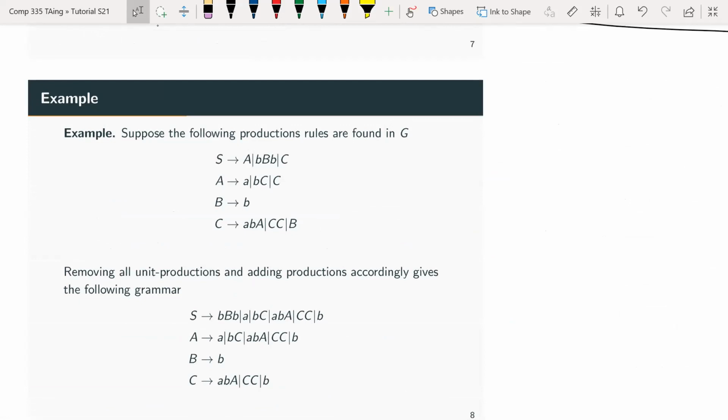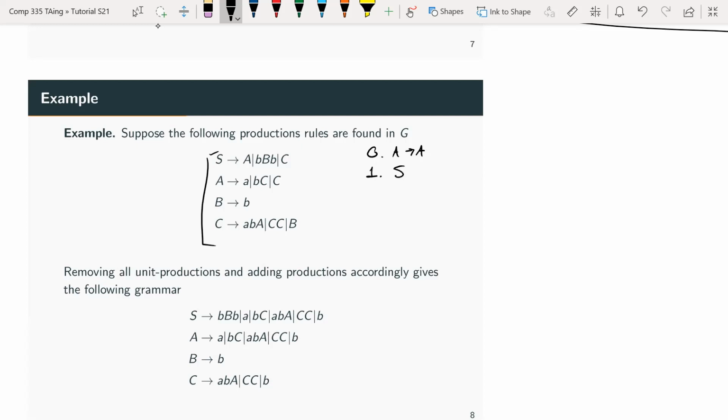So suppose we have the following grammar G with a set of production rules given here, and we want to just eliminate all unit productions. So step 0 is removing A gives you A, so that's not anywhere here. Step 1 is finding all unit productions or derivable unit productions. So how do I do that?